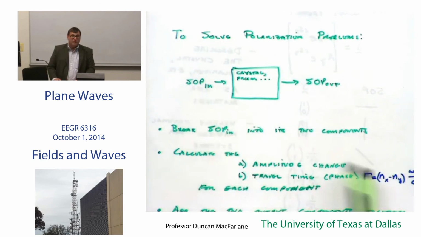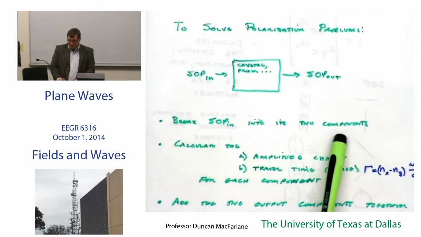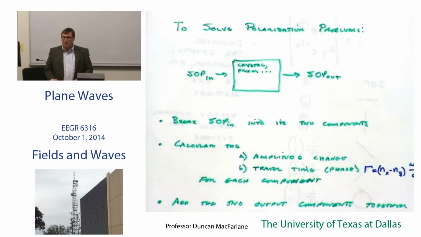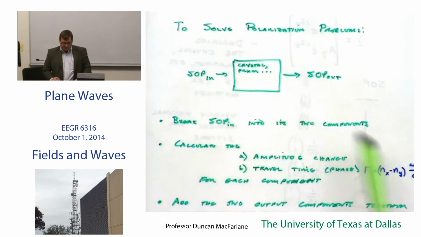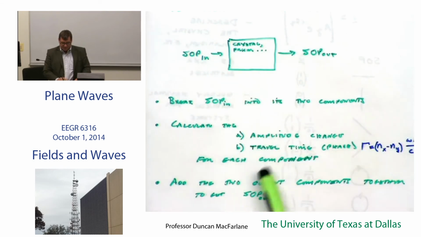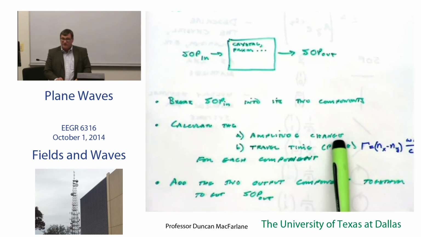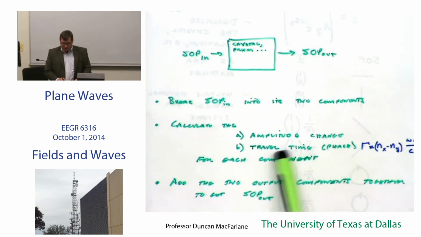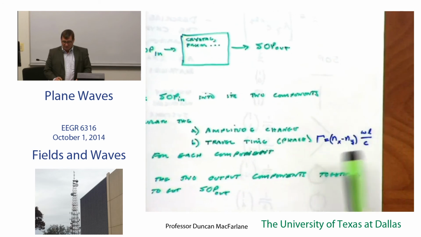You take the state of polarization in, you break it up into its two orthogonal components. You propagate it through the crystal, and you do two things. You measure the amplitude change of each of those states, what's happening to EX versus EY, and you take into account the travel time, which is the phase.